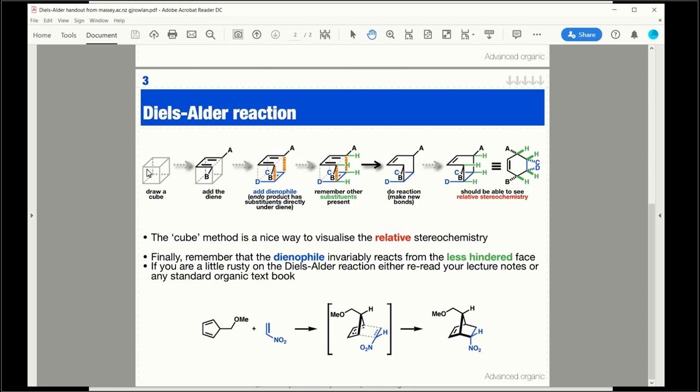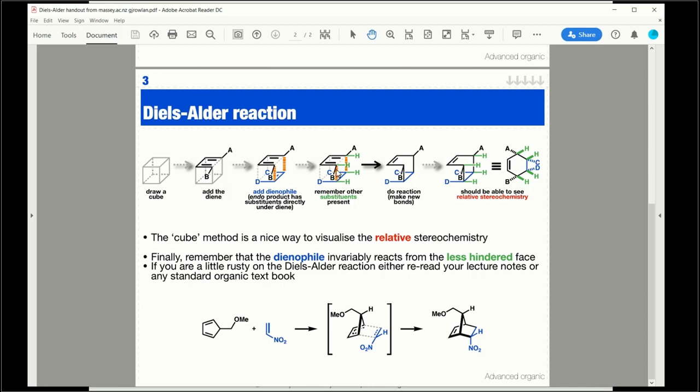So imagine drawing a cube. The diene goes on top, with its carbon-carbon bond on the left side. The dienophile goes on the bottom with its carbon-carbon double bond on the right side. Then we put groups C and D, if they exist, at those corners of the cube.